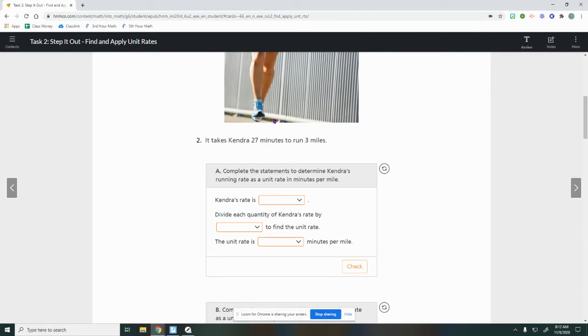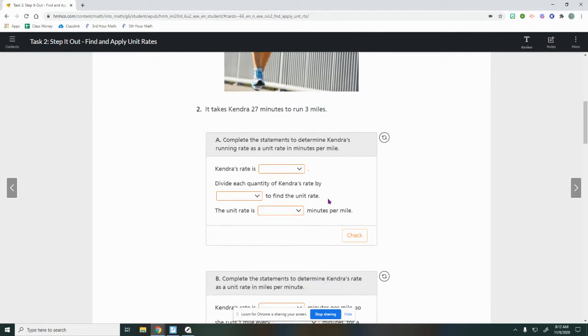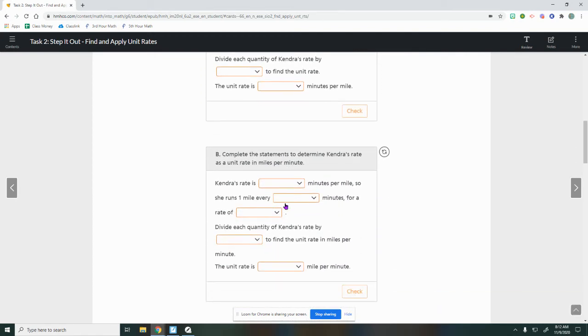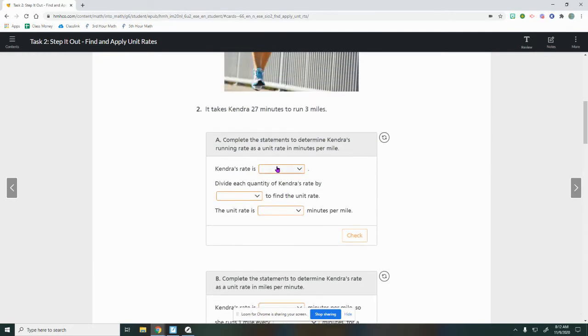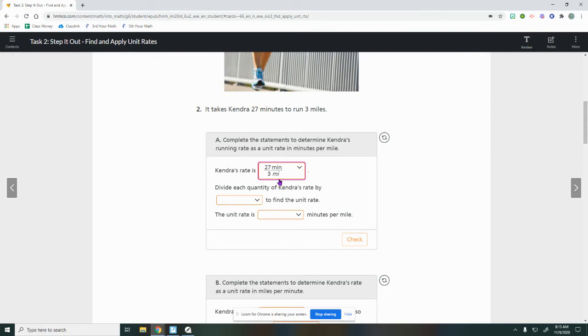Okay, so let's go ahead and answer task 2 here. So we need to figure out how to do Kendra's rate per mile. And so when I first write that rate of 27 minutes for 3 miles, this is not a unit rate because the number on the bottom is not a 1.